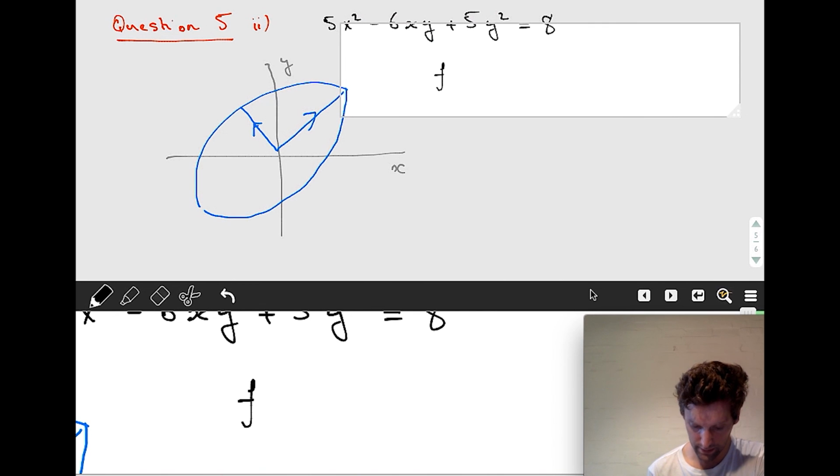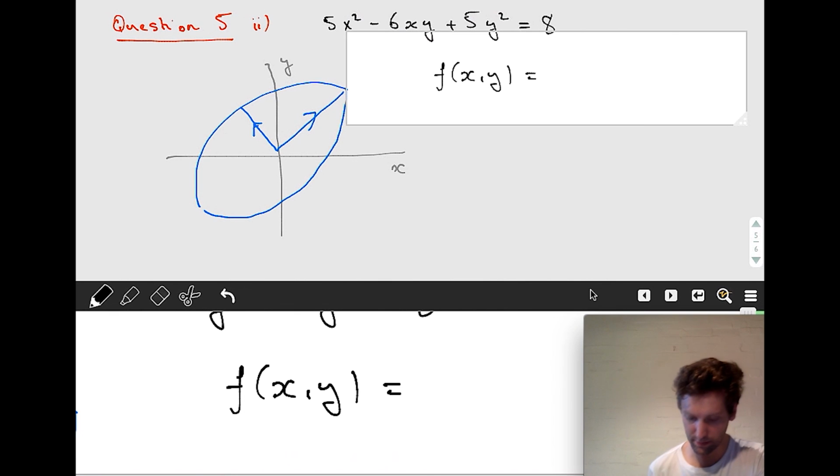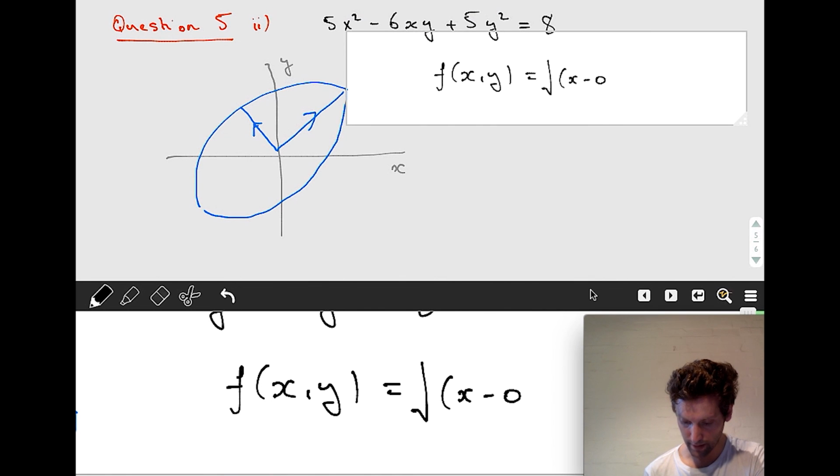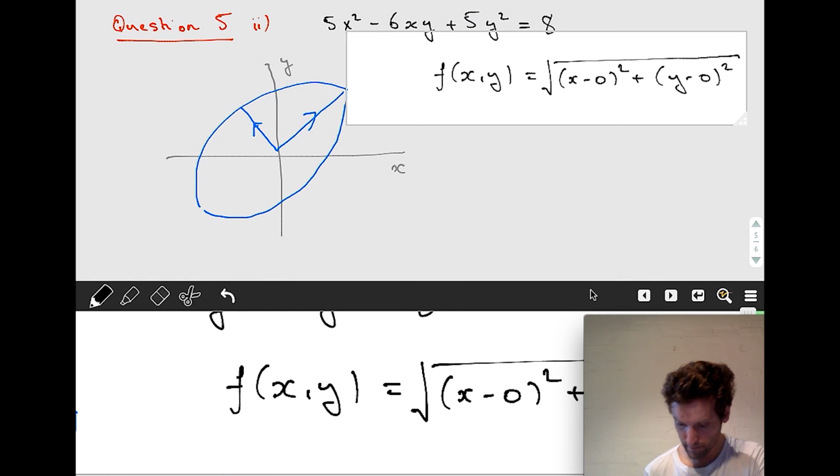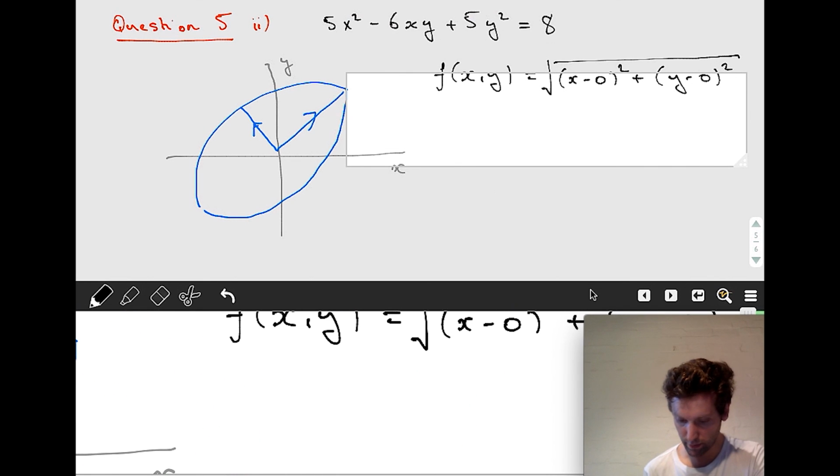So f of x, y is going to be the distance between the origin and a point x, y, because the point x, y is lying on our ellipse.